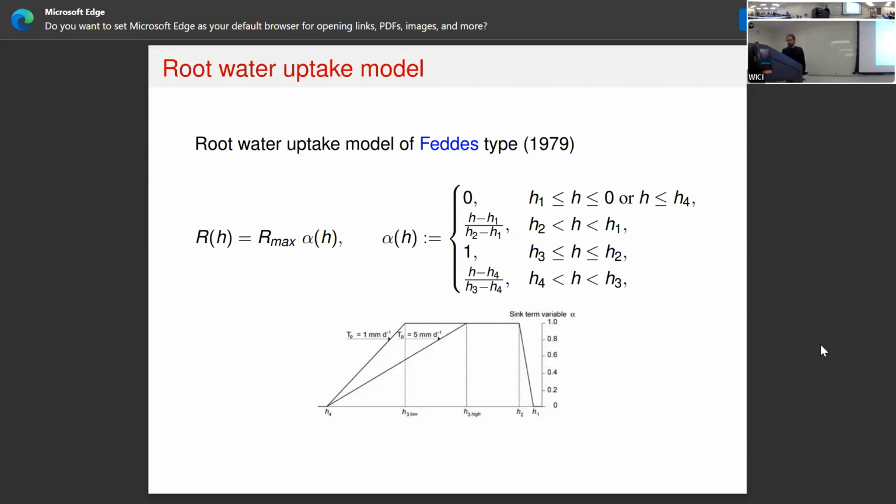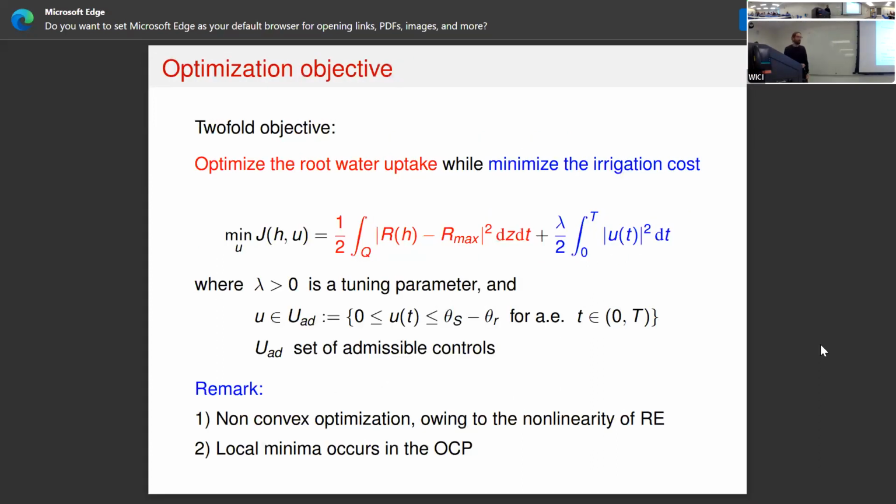And well, as I said, we are interested in the optimization constraint to the dynamical system provided by the Richards equation. So we need to introduce a utility function, okay, an objective function that describes what we want to either maximize or minimize. In this case, well, we have a twofold objective.